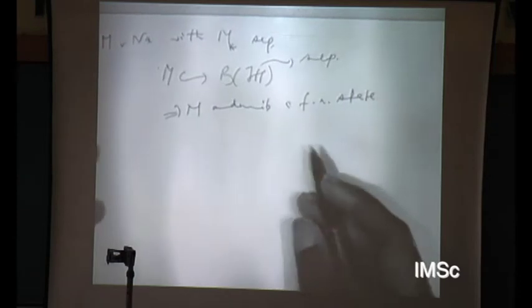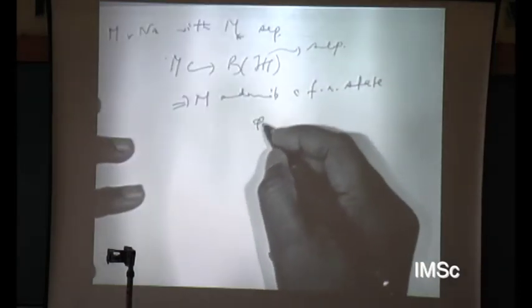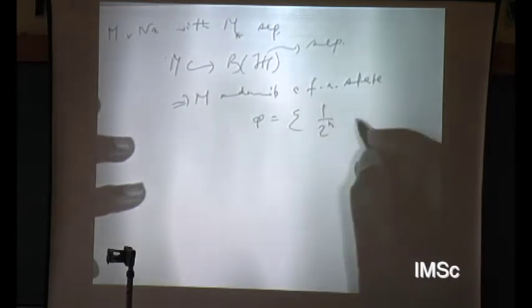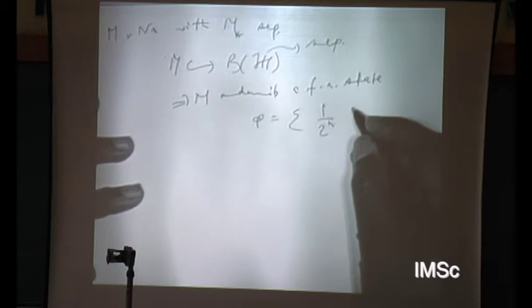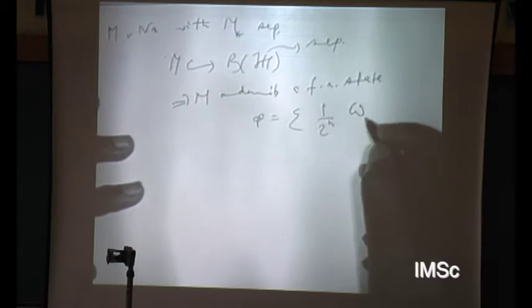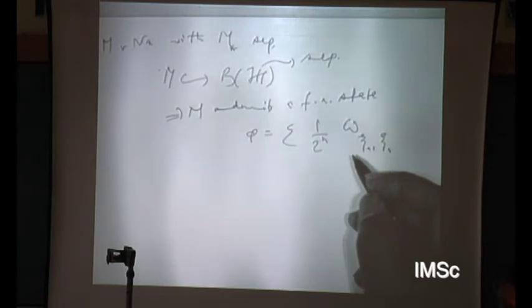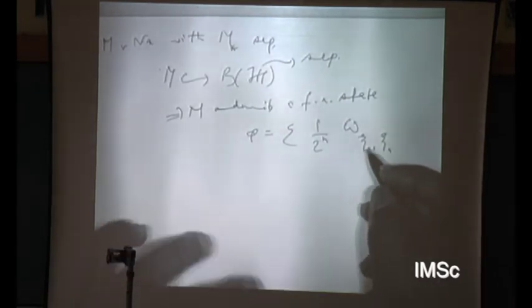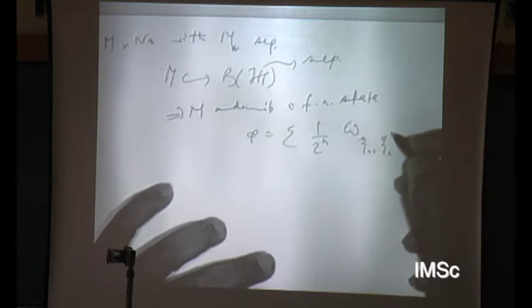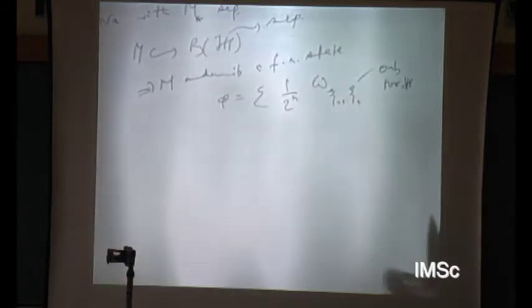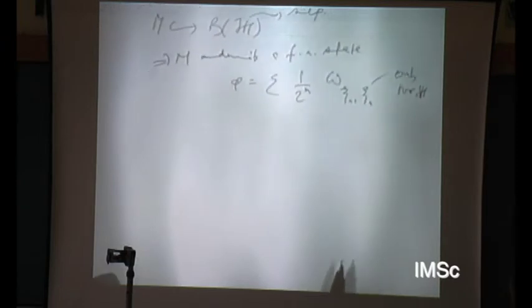Because I can take phi equal to the summation of 1 by 2 to the n times omega xi n. Here omega xi is the vector state determined by xi, and xi n is an orthonormal basis for H. Why is this faithful?